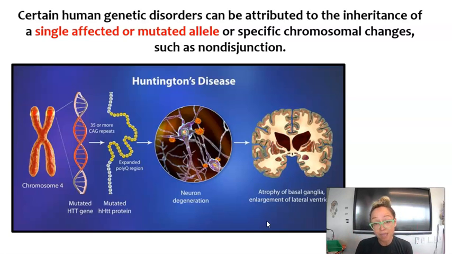Now, the issue with Huntington's disease, however, is that it is adult onset. The symptoms don't show up until you're already past reproductive years. You start to see symptoms between 30 and 50 years old, but by then you've already had offspring.